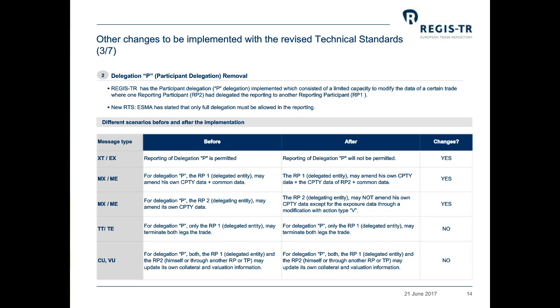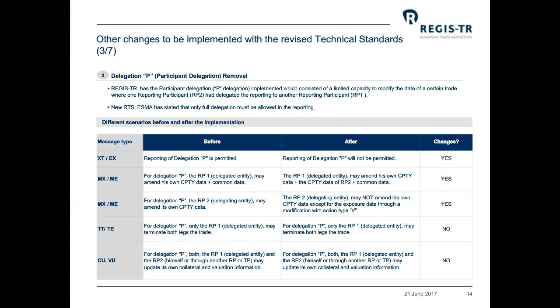Also the corresponding mirror effect, the counterparty ID2 and counterparty ID1 in case of delegation, and in both formats, XML and CSV. Basically, the following chart summarizes that all messages, whether delegated or not, must include this information. For the first set, ID1, ID2, and the corresponding mirror effect, ID2, ID1.